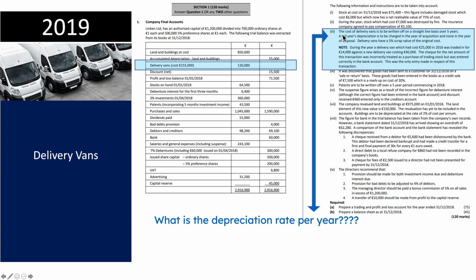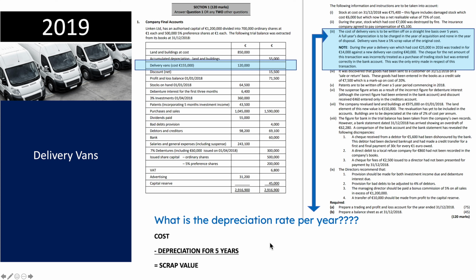So I'll just read it again. The cost of delivery vans is to be written off on a straight line basis over 5 years. A full year's depreciation is to be charged in the year of acquisition and none in the year of disposal. Delivery vans have a 5% scrap value of the original cost. Okay.